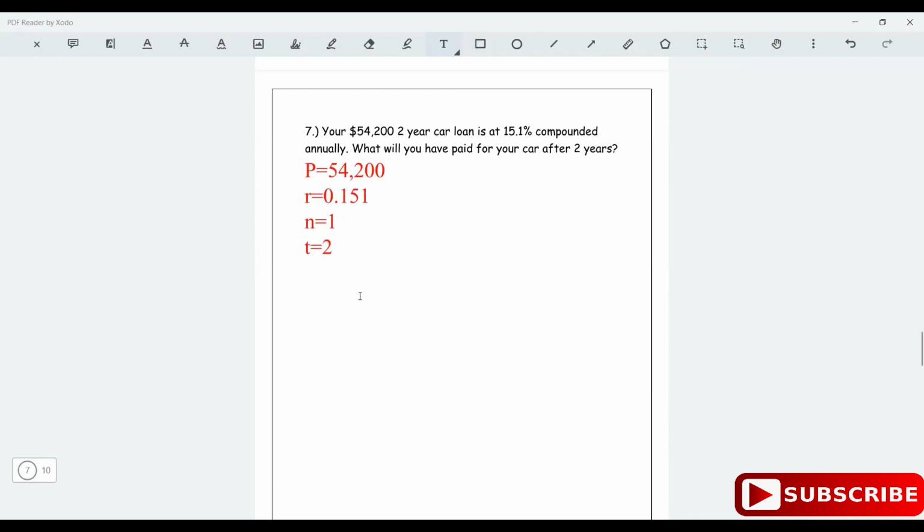So let's find that out. The amount that you're going to have to pay back is your principal of $54,200 times 1 plus r over n, which is 0.151 over n, which is 1, raised to the n times t, which is 2.